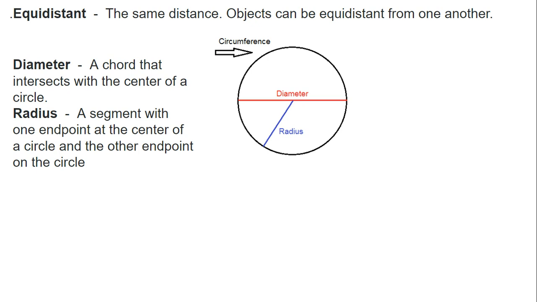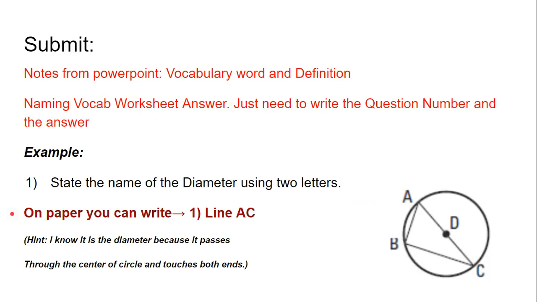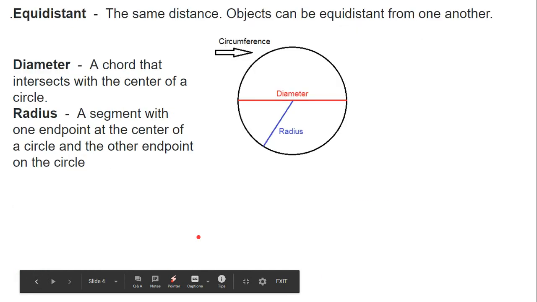Diameter, you should know, but officially it's a chord that intersects with the center of a circle. So a diameter has to go through the center point. If it's not through the center point, it's not the diameter, it's just a chord. A chord could go across anywhere from one side to another. A diameter has to go through the center.